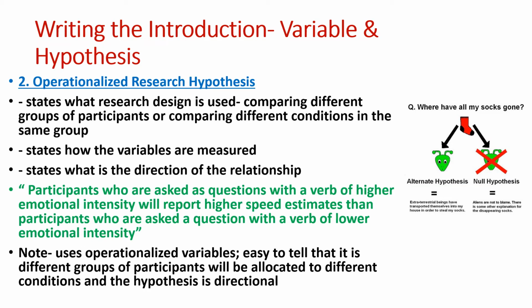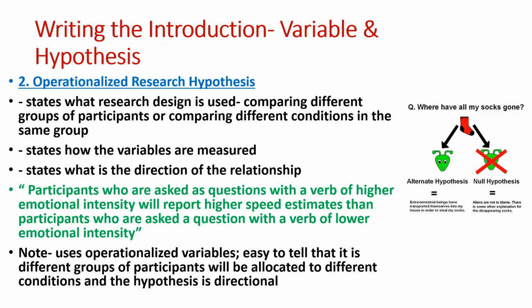The operationalized or research hypothesis is going to define what those constructs are that we've talked about before. So participants who are asked questions with a verb of a higher emotional intensity will report higher speed estimates than participants who are asked a question with a verb of lower emotional intensity. Okay, it uses the operationalized variables. It's easy to tell that it's a group of participants that will be allocated to different conditions, and the hypothesis is directional.